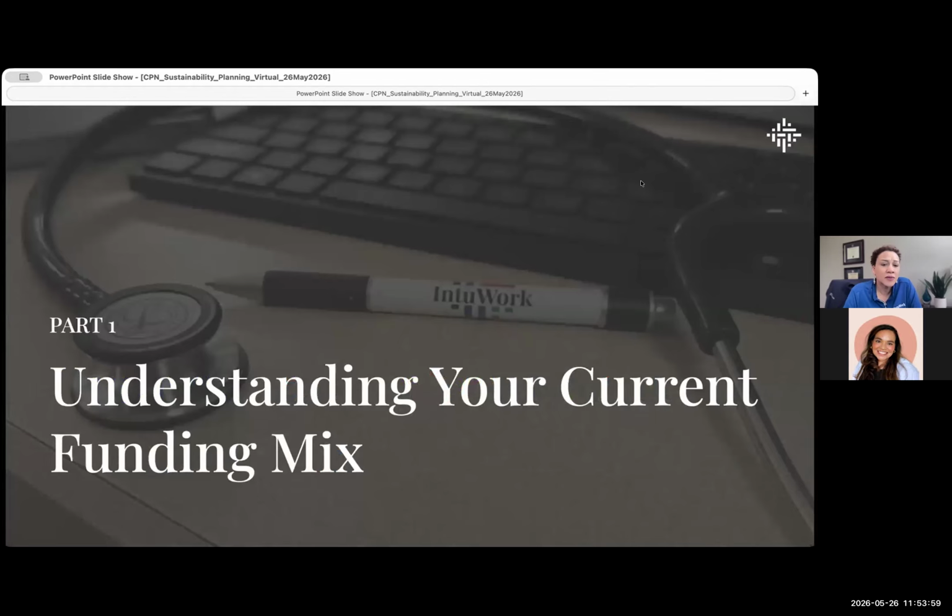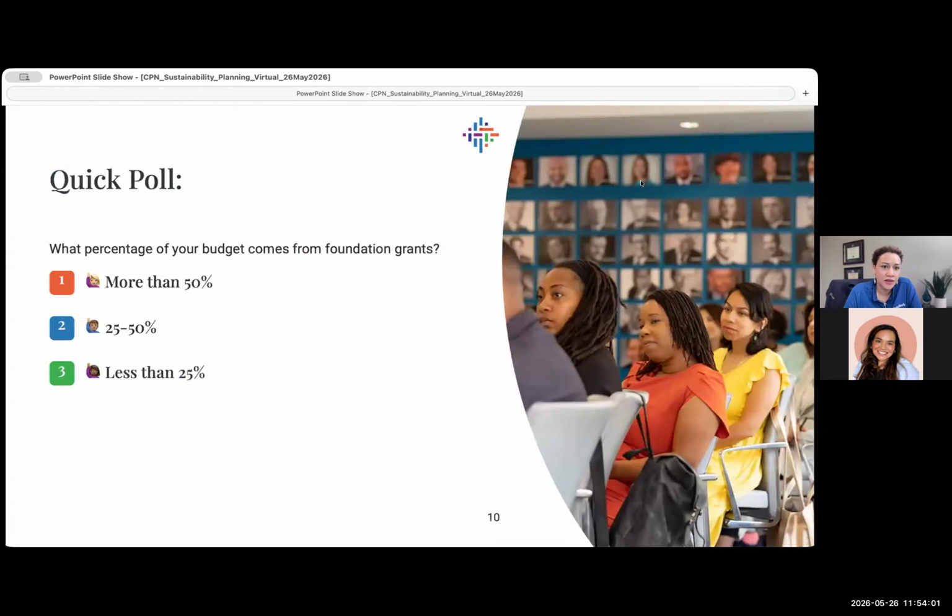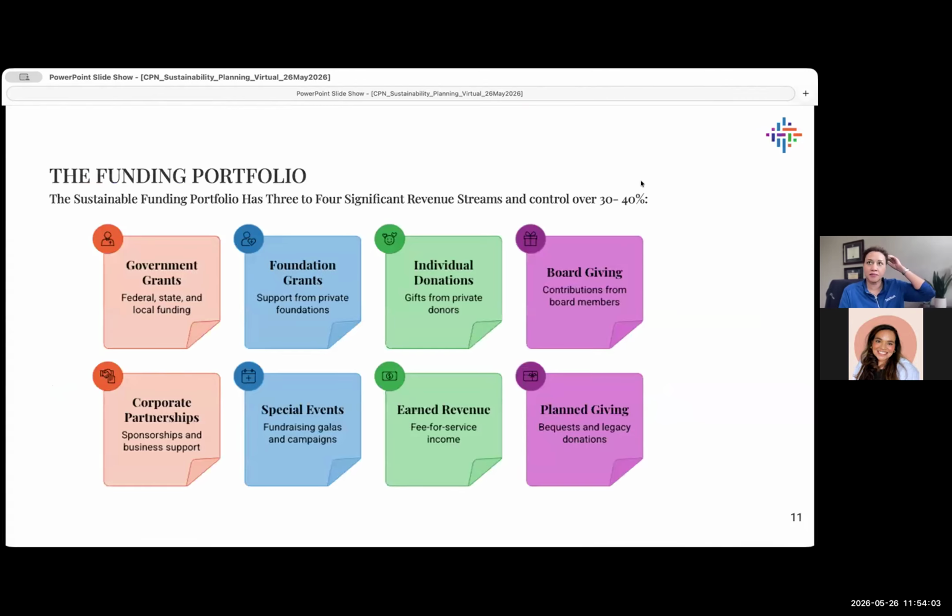So we start with understanding your current funding mix. You guys know this better than anybody else. And if you downloaded the workbook, the first or the second page is a big circle where you can estimate your funding portfolio. So we talked about it. A number of you depend upon government grants. That's the federal, the state, and or local city governments.